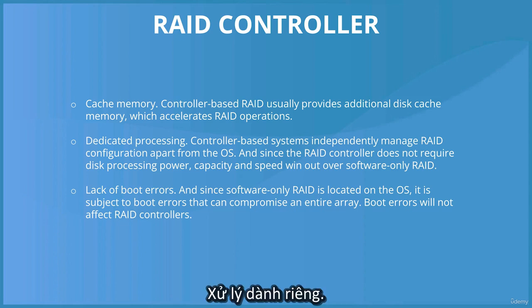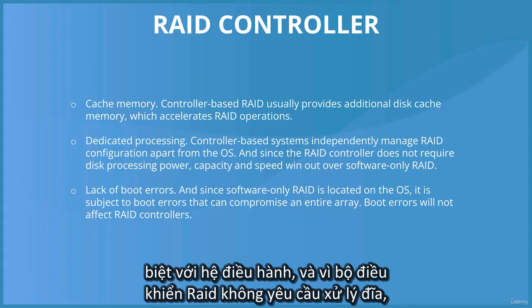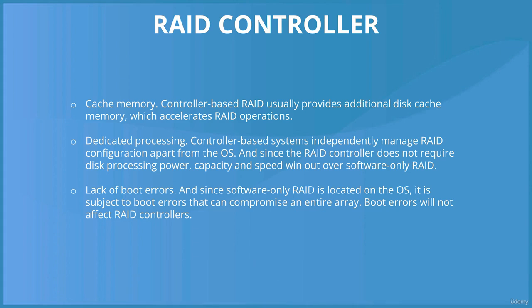Dedicated processing: a controller-based system will independently manage the RAID configuration apart from the OS. And since the RAID controller does not require disk processing power, capacity and speed win out over software-only RAID.